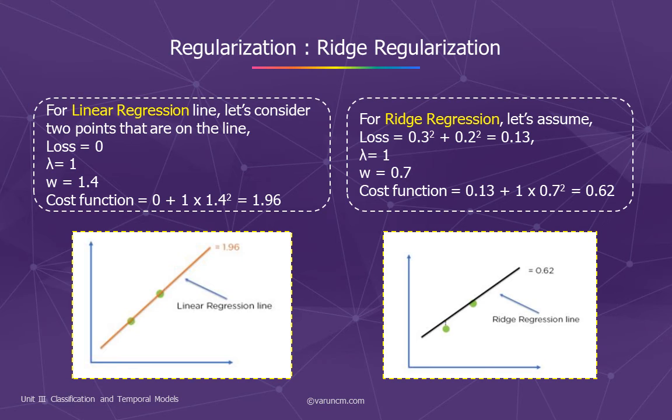The value for lambda is 1, and W is 0.7. Now while calculating the cost function, it's 0.13 plus 1 into 0.7 the whole square, which will be 0.62. So comparing these two methods, ridge regression will give the better fit.